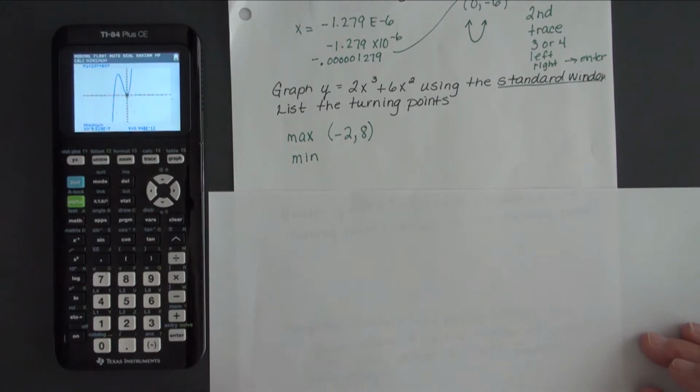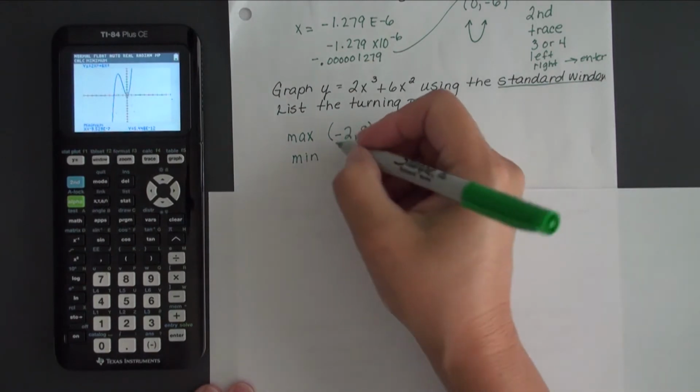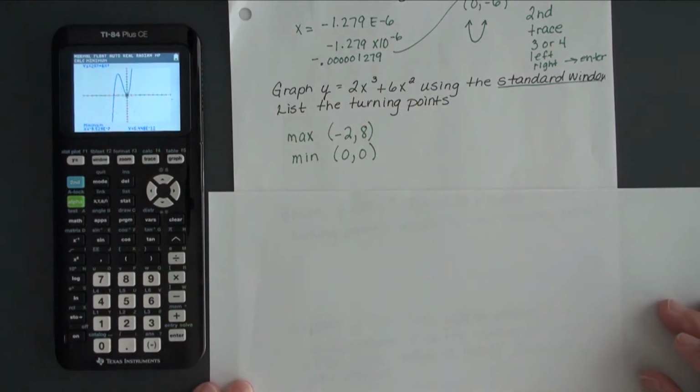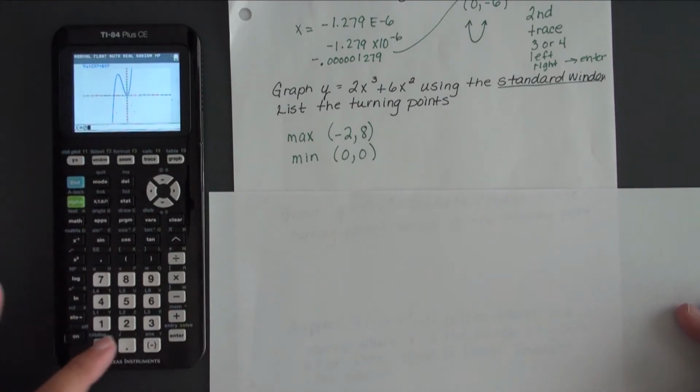And see how those numbers look crazy, like I talked about up here? When that happens, you are at the point 0, 0. So our minimum is 0, 0. You could have determined that by doing trace 0, and you'll see that y equals 0.